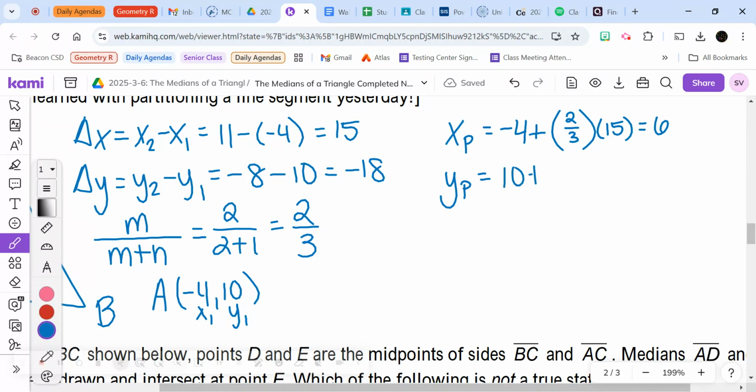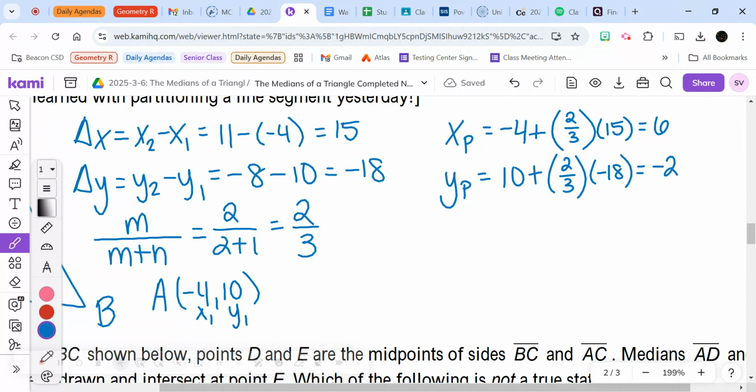I'm going to add that again to my fraction, and then multiply that by the change in y, which was negative 18. So let's again plug that into our calculator. We've got 10 plus the 2/3 times negative 18. We got negative 2.